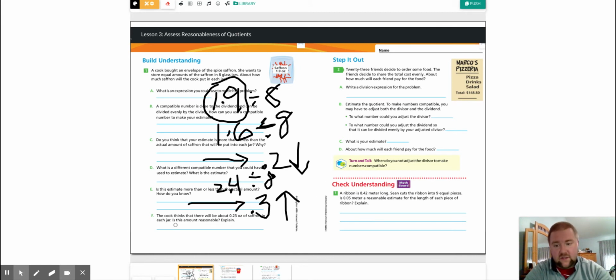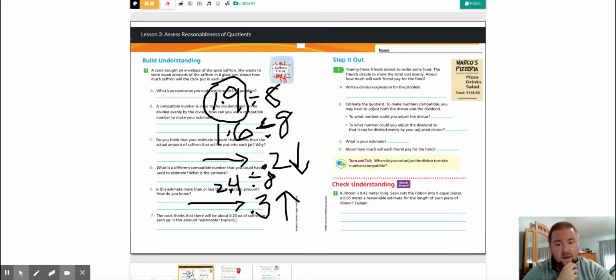Part F says the cook thinks that there will be about 23/100 ounce of saffron in each jar. Is this amount reasonable? Now, we're not saying is it the correct answer necessarily, but we're saying, is it reasonable? Well, let's look. We had 23 hundredths. 23 hundredths falls between 2/10 and 3/10 because it's more than 2/10, but it's less than 3/10.